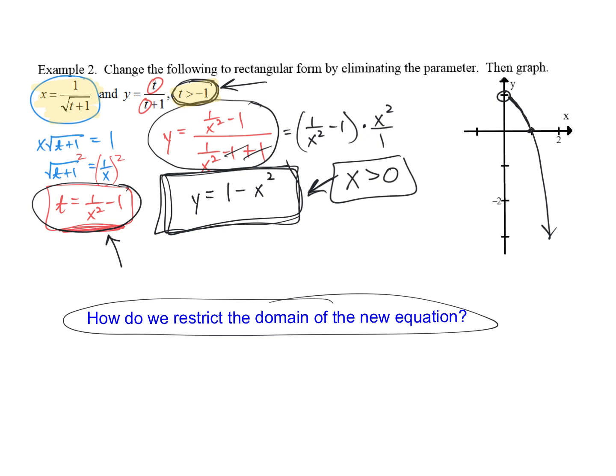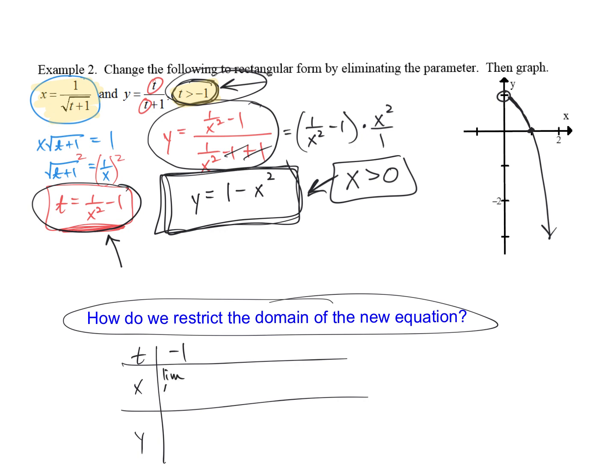You know that t has to start someplace greater than -1. So I would start by, if you just had a chart of t's, x's, and y's here, plug in some values. Now, I can't really plug in -1, but I could do the limit as t goes to -1 of the x function.